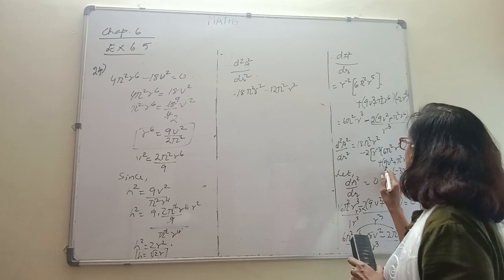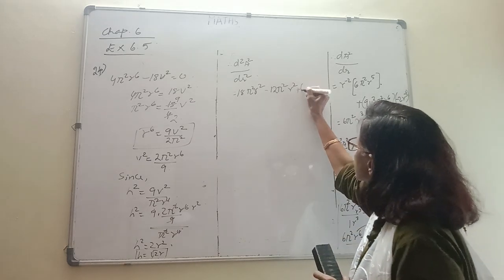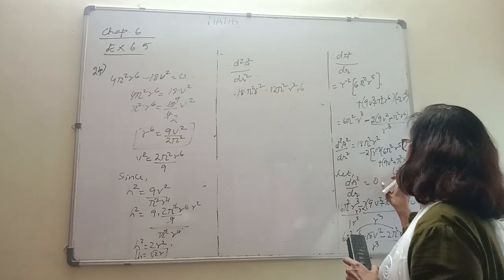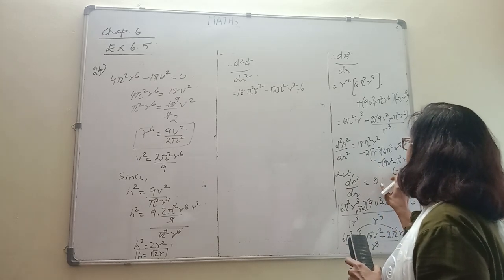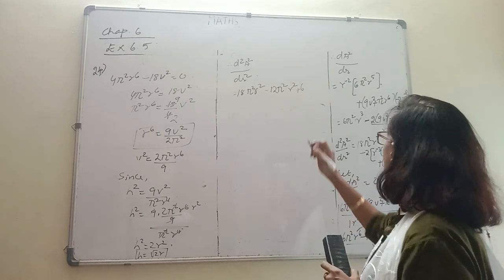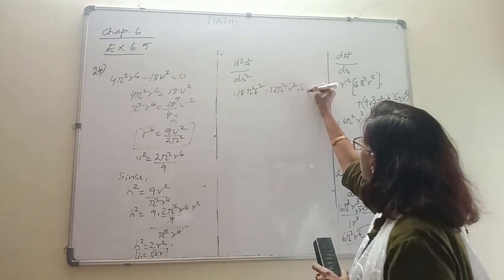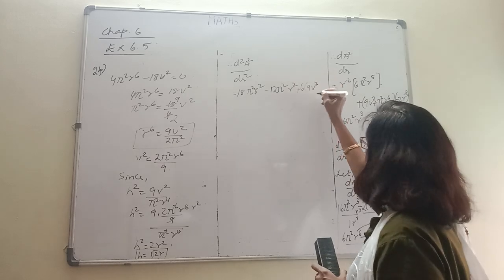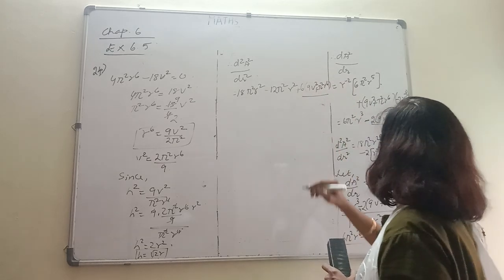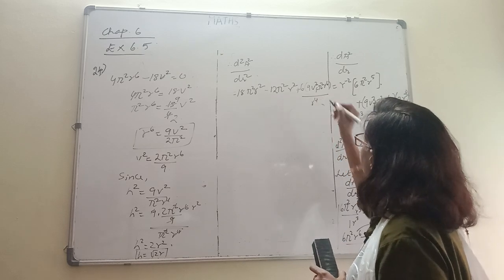So if I could open this, it's going to be 6. I'm trying to simplify it side by side so that we'll get it done quickly. It's 6, and it is r raised to 4 in the denominator. So you're having 9 v squared plus pi squared r raised to 6 over r raised to 4.